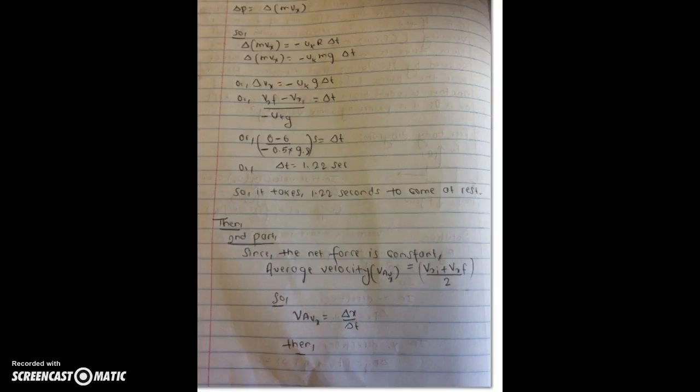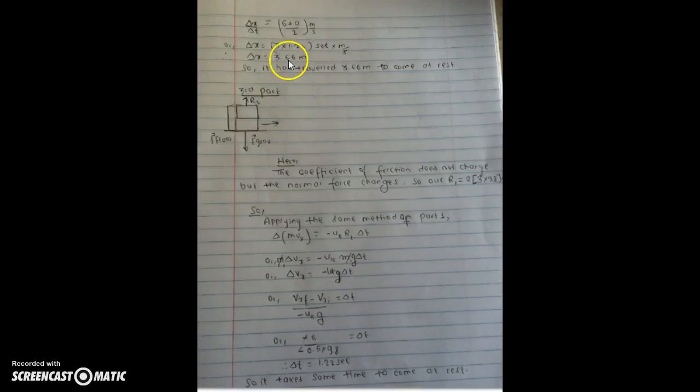So my average velocity is (6 plus 0) over 2, that is 3 meters per second, and I multiplied it by the change in time I calculated in the first part, so the displacement is 3.66 meters.